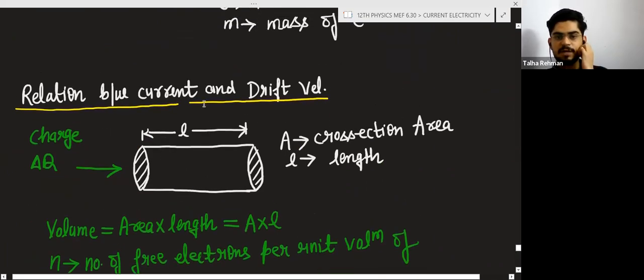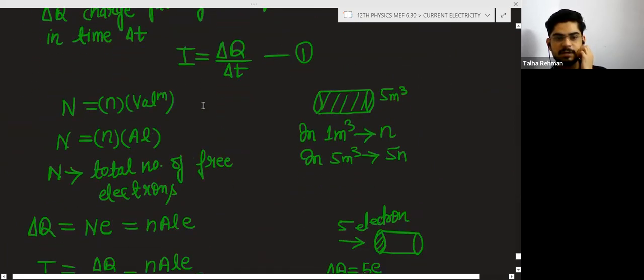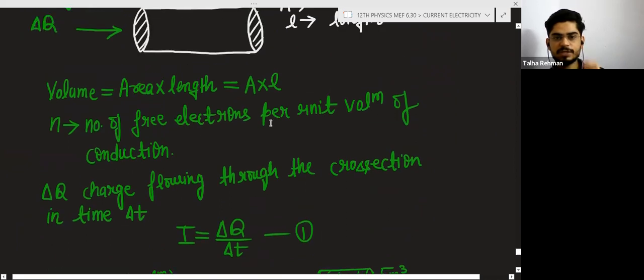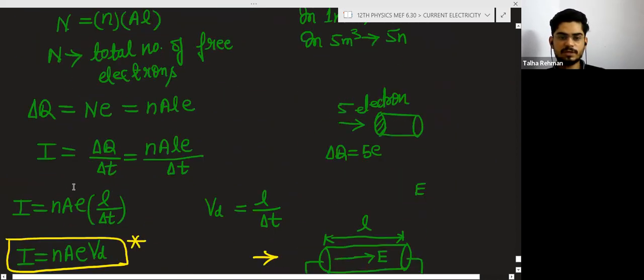Relation between current I and drift velocity V suffix d. This is the relation.